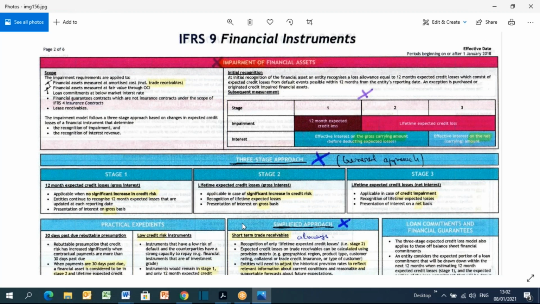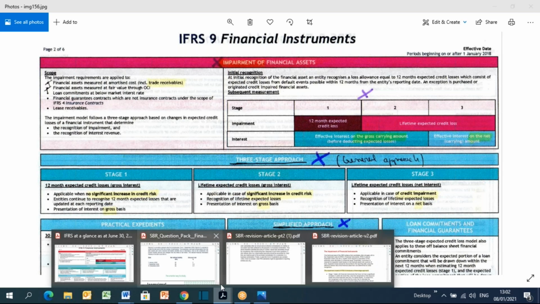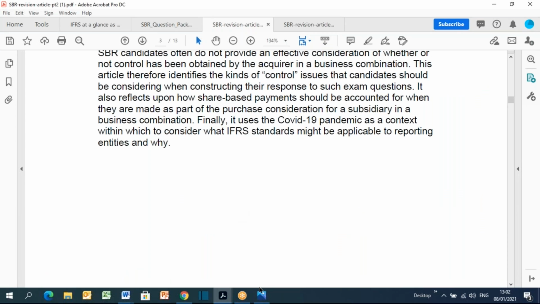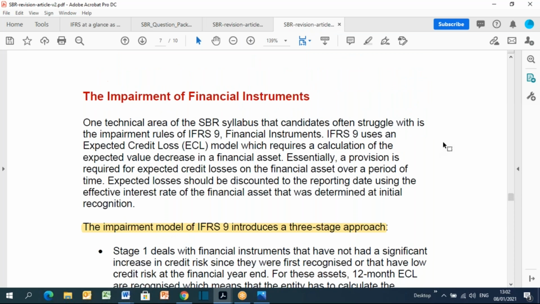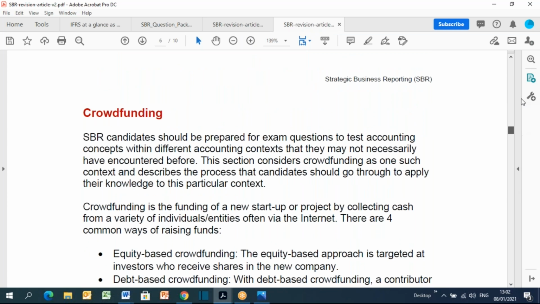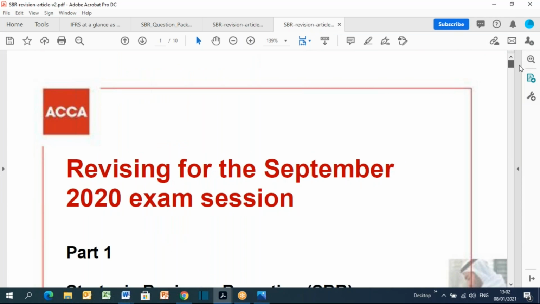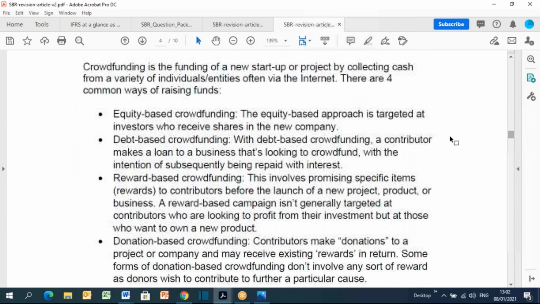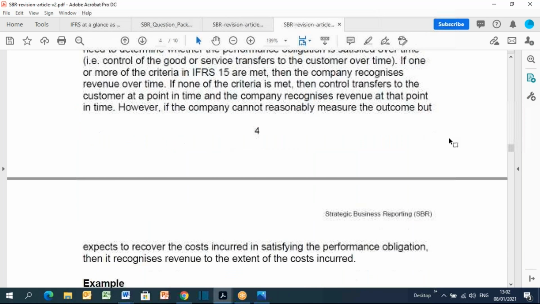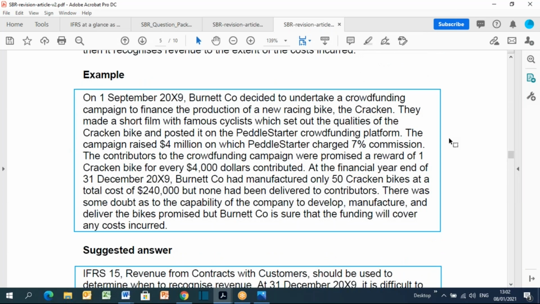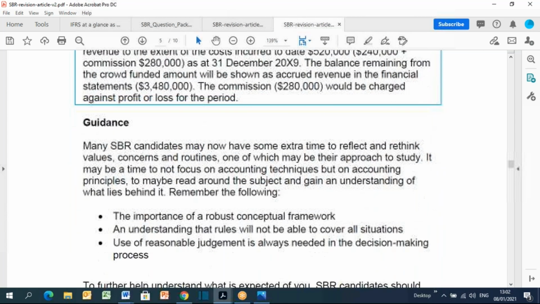And in order to understand this, please do this example in here that I have recently shown to you. This is in the part 1 revision for the September exam. The examiner team gives so many examples about IFRS 5, about everything in here.